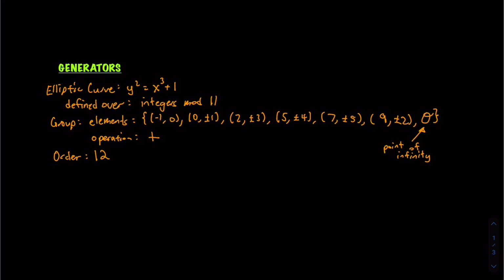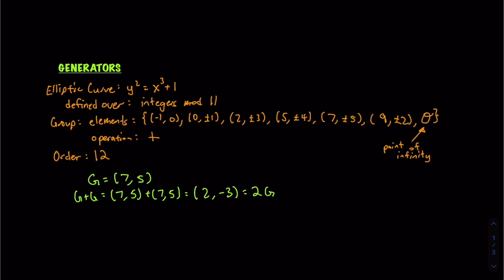The elliptic curve y squared equals x cubed plus 1, defined over the finite field of the integers mod 11. This is the example we were looking at before, and the elements in this group are here. Now I'll let you do this on your own and double check my work, but if you start with the point (7, 5), let's call it G, and do elliptic curve addition on G. So G plus G, which is (7, 5) plus (7, 5), equals (2, -3), which is 2G.